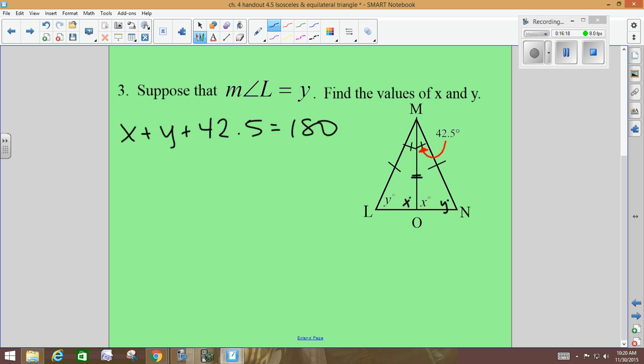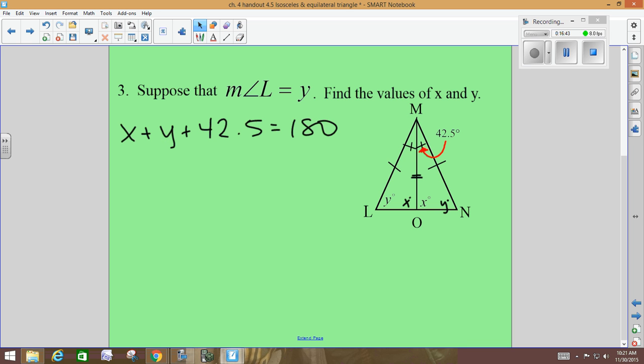Why does x equal 90? You guys agree with him? Does it have to say that it's getting bisected? Well, I need to know that the vertex angle. Okay, good.